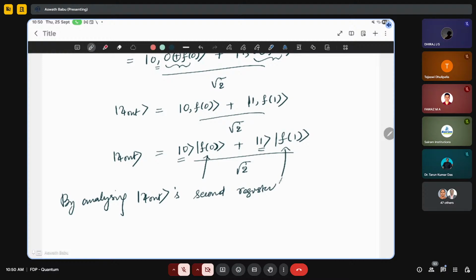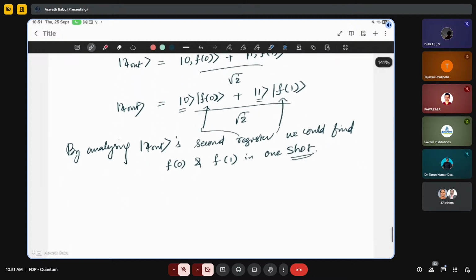By analyzing psi out's second register, we could find f of 0 and f of 1 in one shot. Beautiful, right? Very important. If you are able to find it in one shot, boom, you are able to find two values of the function in one shot.